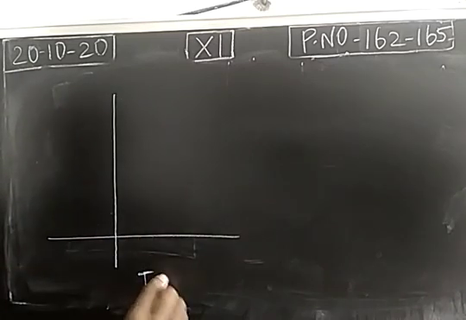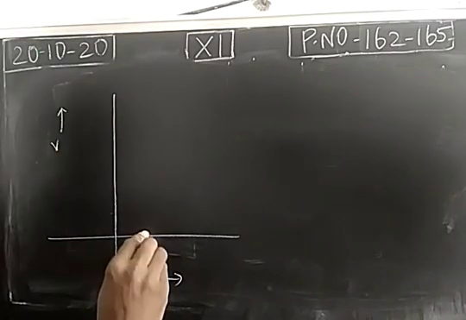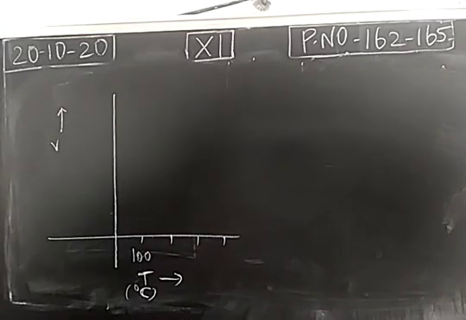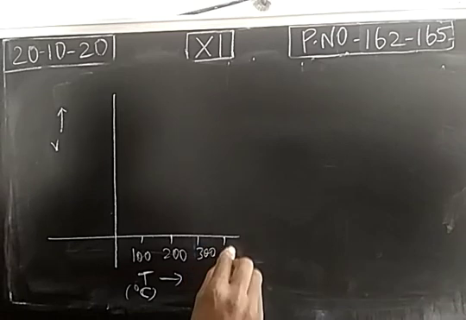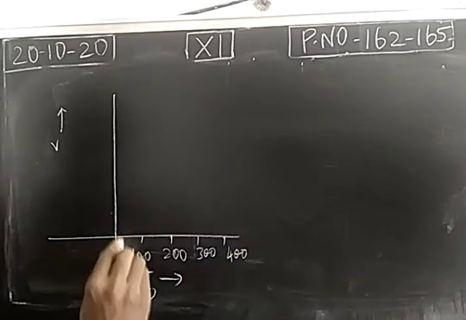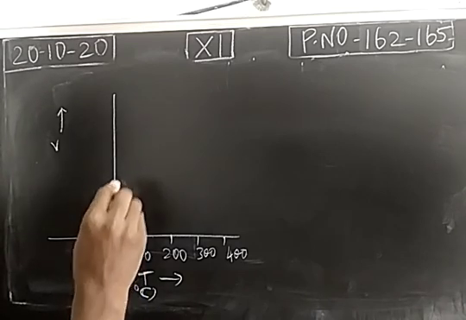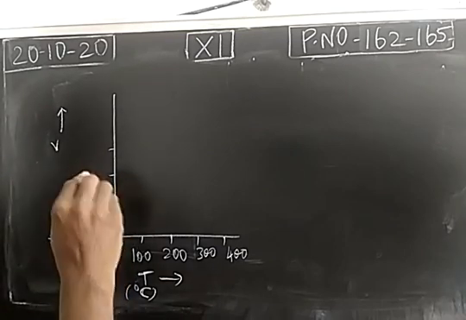We take temperature on the x-axis, volume on the y-axis. The temperature is mentioned in terms of the Celsius scale. So in the Celsius scale, we represent temperature as 100 degrees Celsius, 200 degrees Celsius, like that. Then volume is taken on the y-axis.